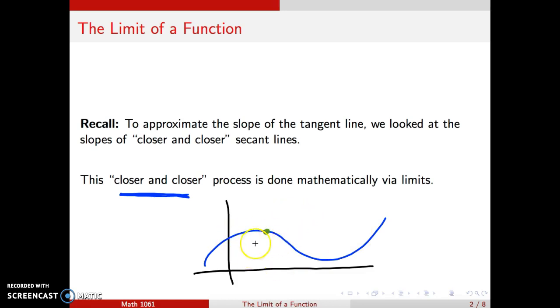We could pick a different point, let's say at this point. So we can pick other points along the curve, a secant line there, maybe back here, all these examples.